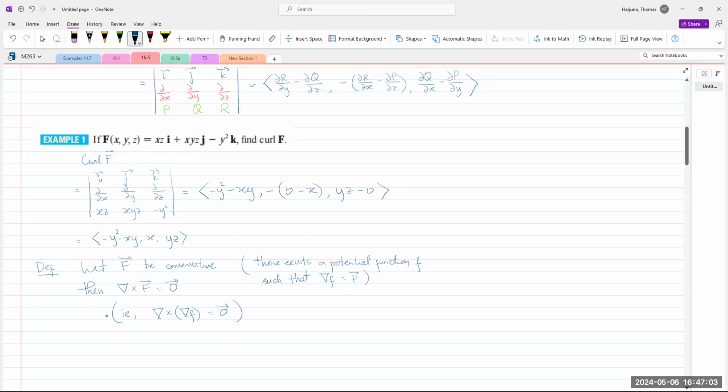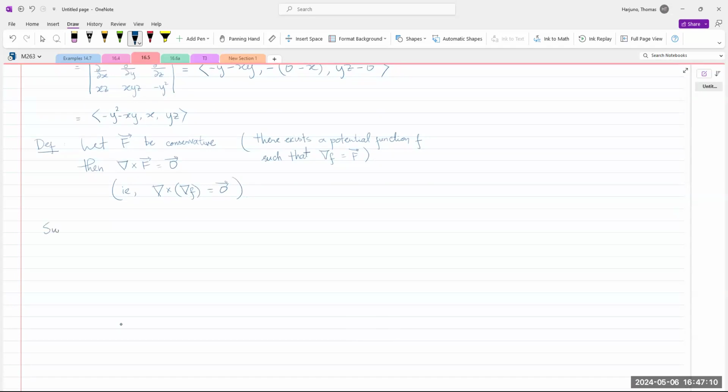But one of the big issues is, if the vector field F, which consists of P, Q, R, in 3 dimensions or 2 dimensions, is conservative, then how do we find the potential function?